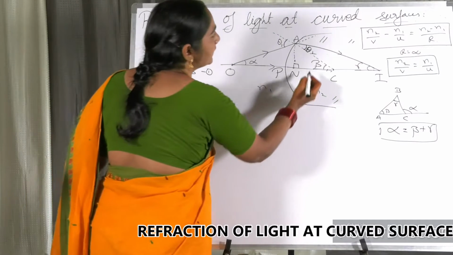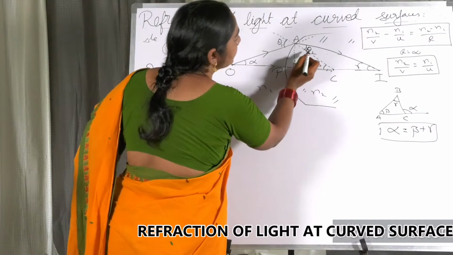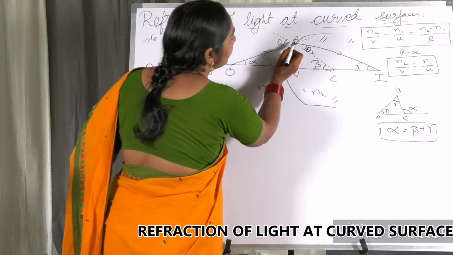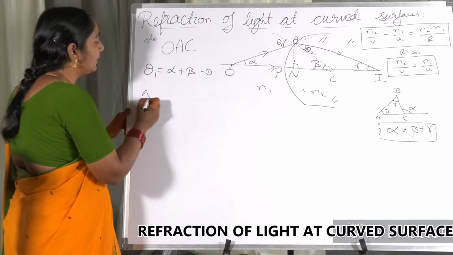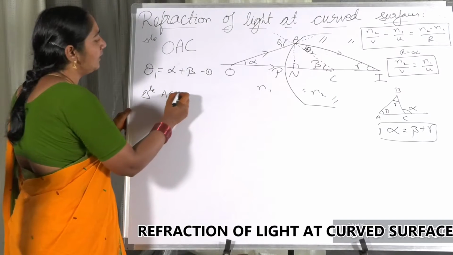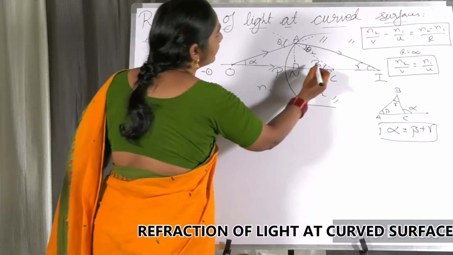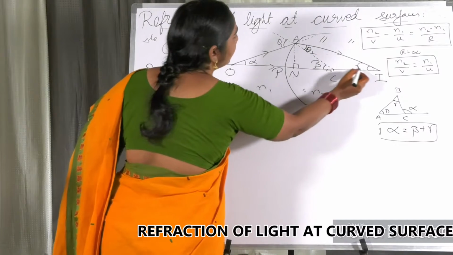Now, please consider this triangle, that means triangle ACI. I think you might have understood this is the triangle ACI.